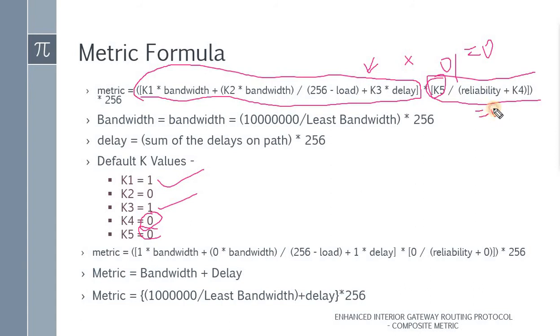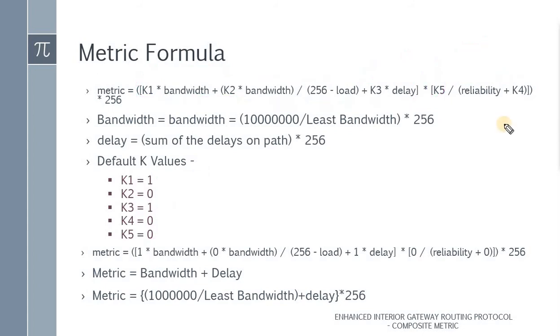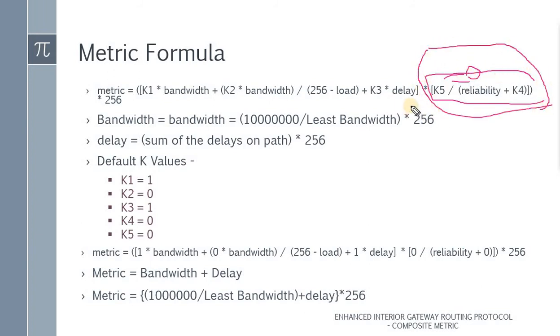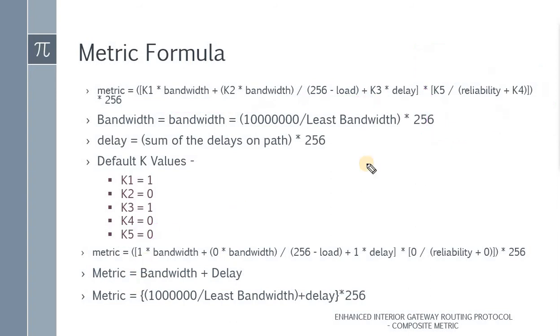But EIGRP metric calculation says that when a particular section is 0, it drops that section. It chops out all those sections from the formula itself, so nothing remains and you calculate based on the remaining values only. So you have to consider that this has already been chopped when K5 is 0, which is already the default value in routers.